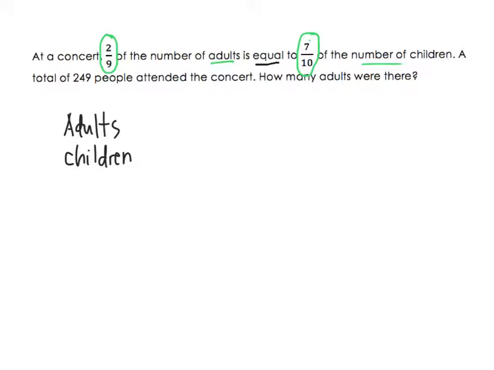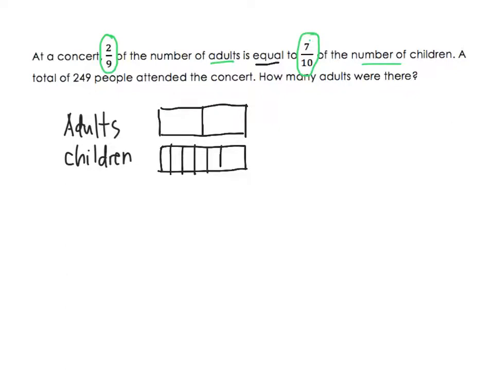Meaning if we draw our sketch, two parts for the adults should be the same size as the children. The only difference is this one is cut in two parts and this one is 7 parts. 1, 2, 3, 4, 5, 6, 7.